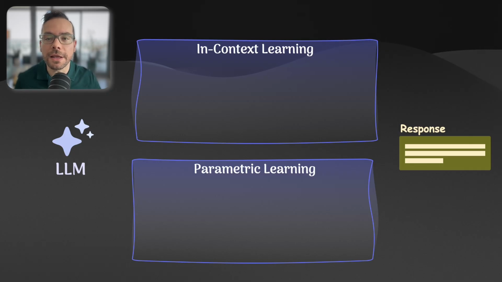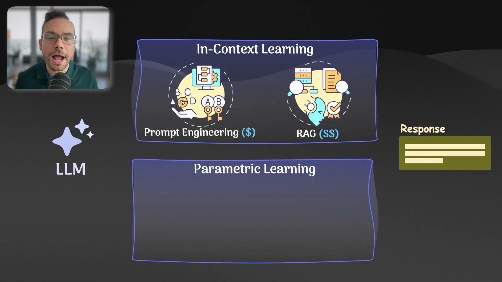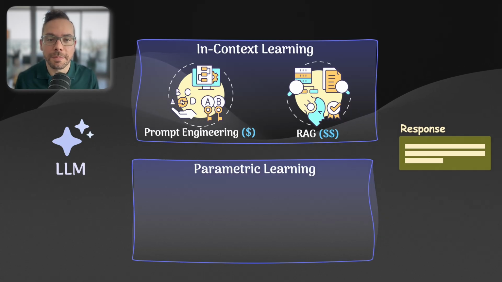In-context learning, like prompt engineering and RAG, allows us to feed external context directly to the model at runtime without changing its internal weights. No fine-tuning, no pre-training, no GPU required. They both operate strictly within the model's pre-existing parametric knowledge.